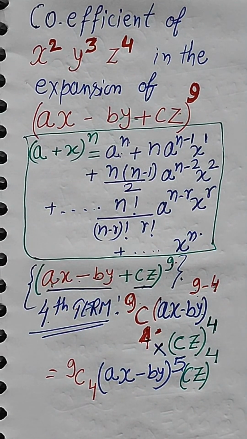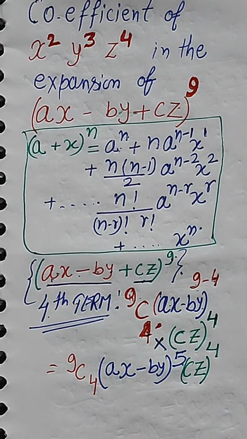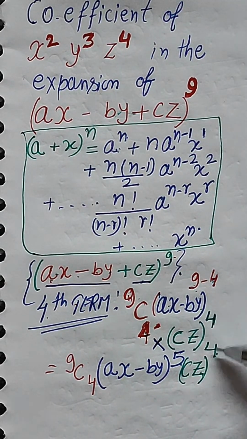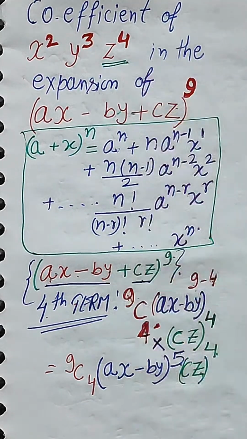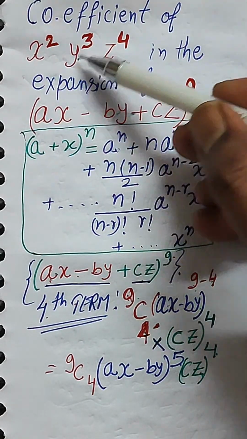So this will be the fourth term. Now here you can see it contains z power 4, so this purpose is resolved. Now x square y cube is left.